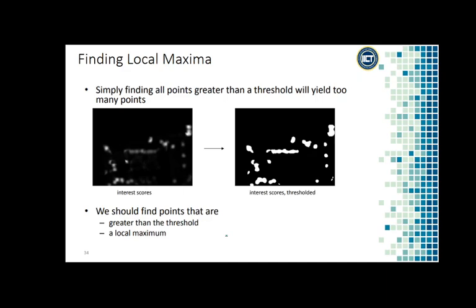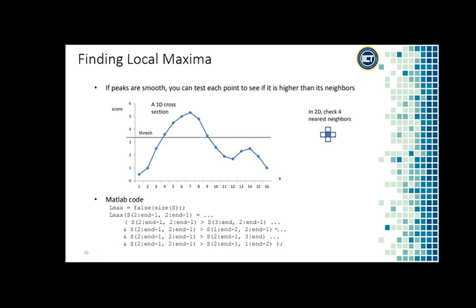So how can we consider the local maximum? Let's say the peaks are smooth here, and you can test each point to see if it is higher than its neighbors. So this point is higher than its neighbors. Similarly, this point is higher than this, and this point is higher than its neighbors.